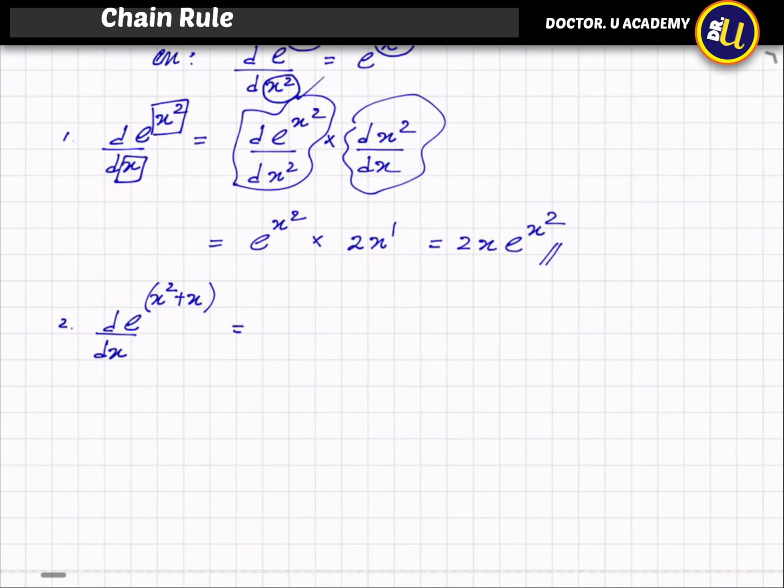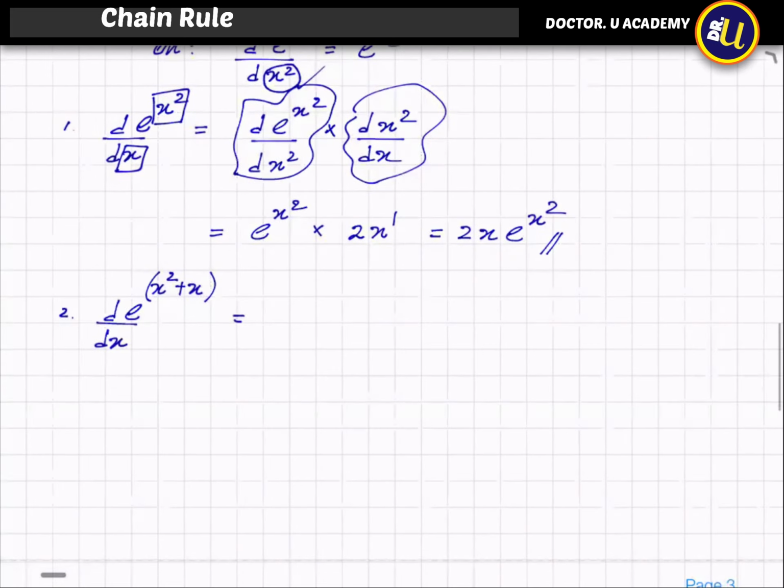Okay, now in this question, first of all we have to check which base case is used here. The base case would be base case number 2, exponential, and you will see the incompatibility here. So you will do the construction. That construction is called the chain rule.